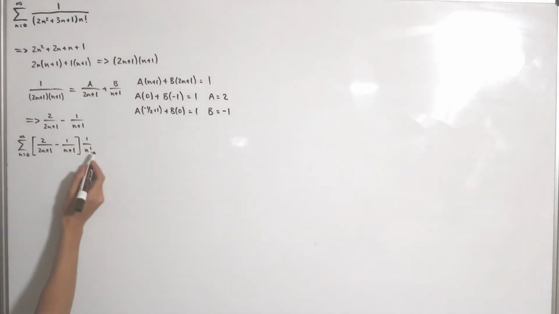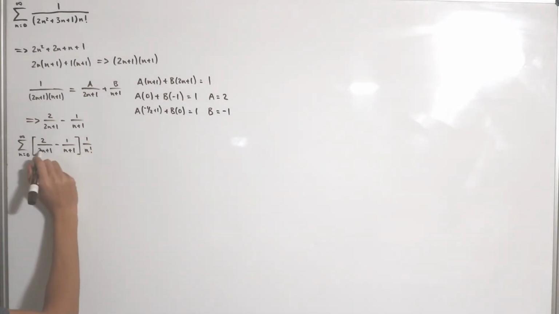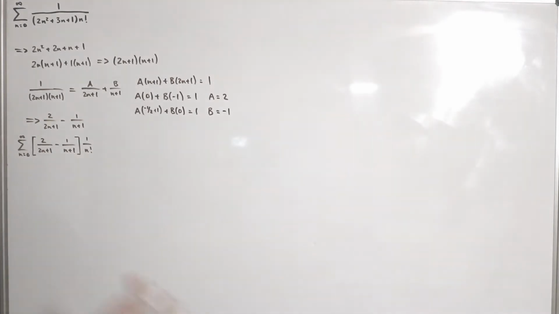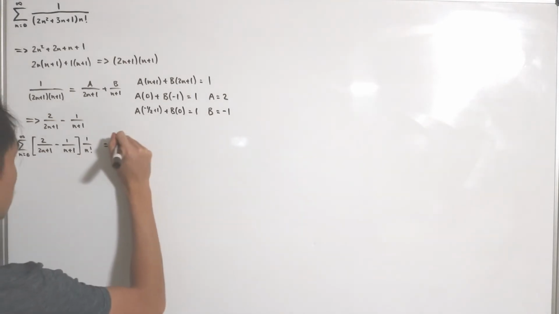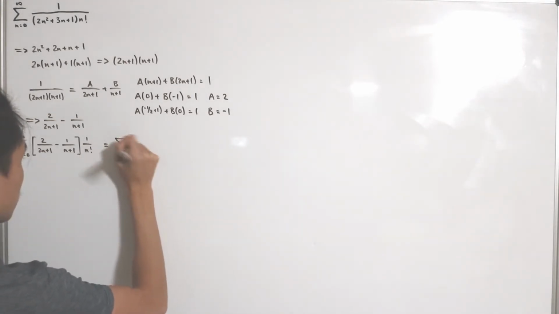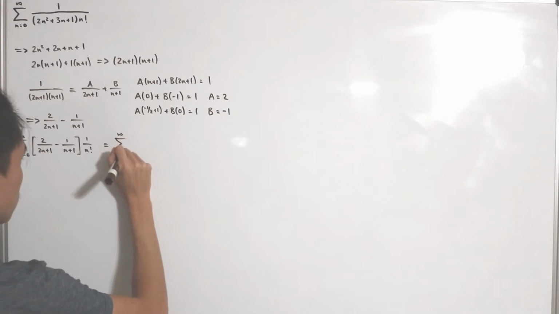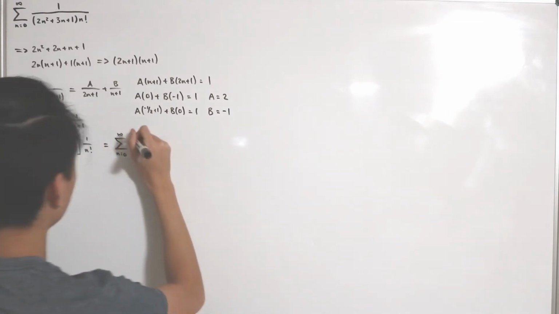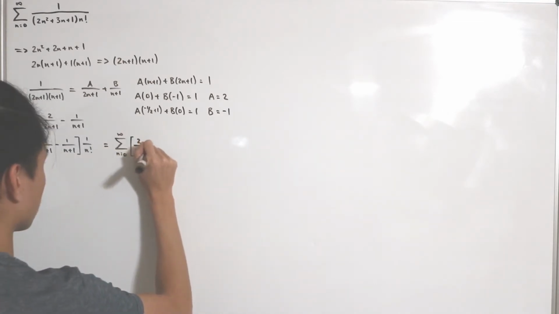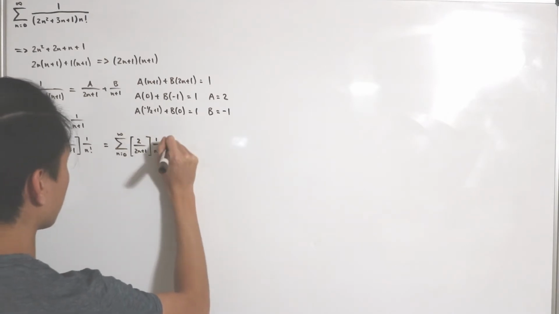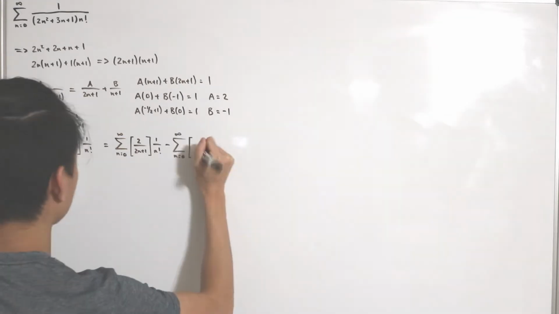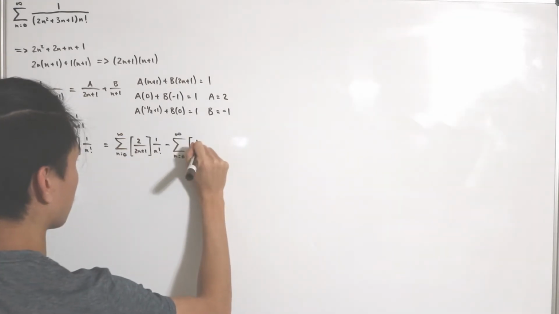Using our distributive property, we can distribute the 1 over n factorial to both terms. We can also use our rules of series to write this as two different series. So this is the infinite series, n equals 0, of 2 over 2n plus 1 multiplied by 1 over n factorial, minus the series of 1 over (n plus 1) times n factorial.